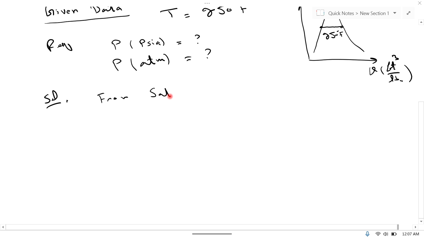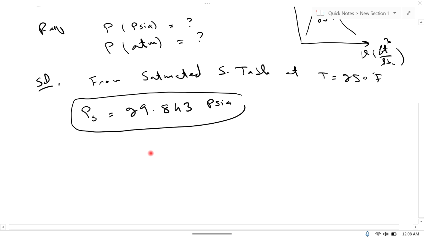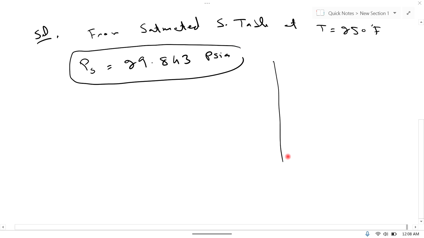From the saturated steam table, at temperature equal to 250 degrees Fahrenheit, the saturation pressure is equal to 29.843 psia. If you check the saturated steam table, it is something like this.